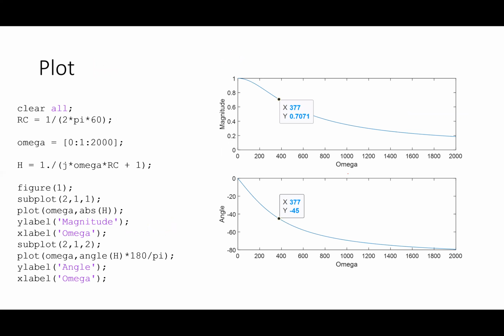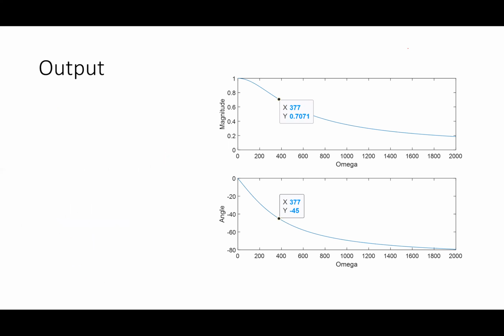So again, I'll do the same thing. I plotted this transfer function versus frequency, and I went to omega equal to 2 pi 60, which is approximately 377 radians per second. At omega equal to 377, which is approximately 2 pi 60, I see that the magnitude of H of 2 pi 60, according to this top graph, is 0.7071.